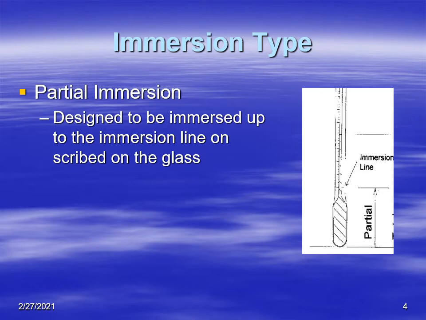The different types of thermometers, there's partial, complete, and total immersion. Partial immersion, they're supposed to be immersed up to the immersion line, which is typically scribed or drawn on a thermometer. You'll see this on candy thermometers and other types of thermometers. Not very common in making meteorological measurements, though.